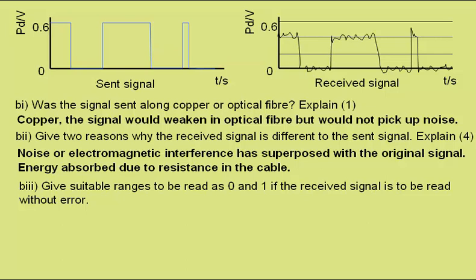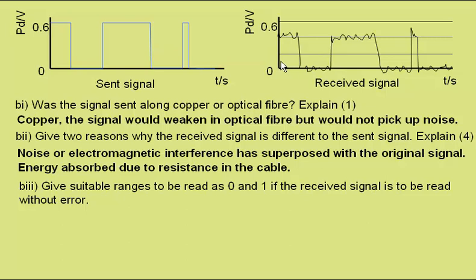For B part 3, give suitable ranges to be read as 0 and 1 if the received signal is to be read without error. Well, for the 0 to be read without error, we need to ensure that none of these spikes would go above our 0 boundary, leading to a spurious 1 signal.